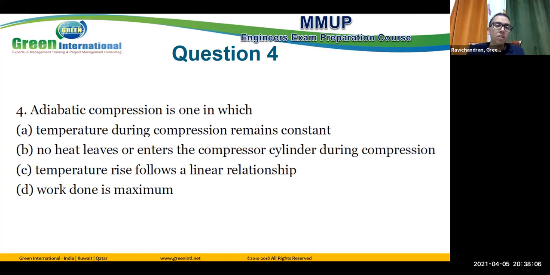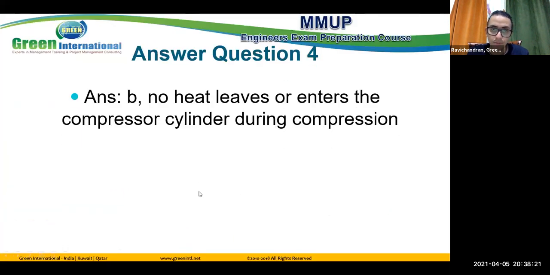Actually, what's the definition of adiabatic? Adiabatic means there is no heat transfer. There is no heat transfer. So the best answer for this one, no heat leaves or enters the compressor. This is the best answer.